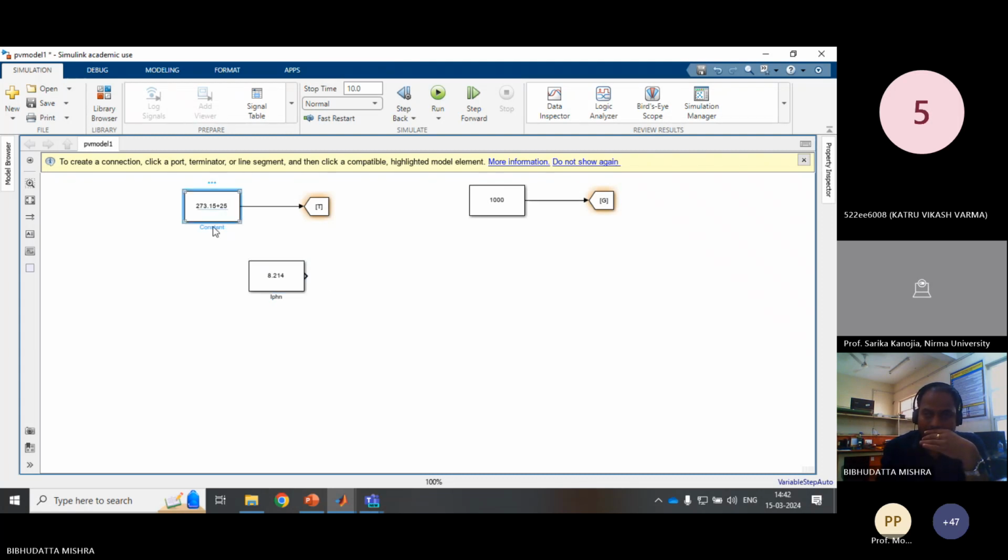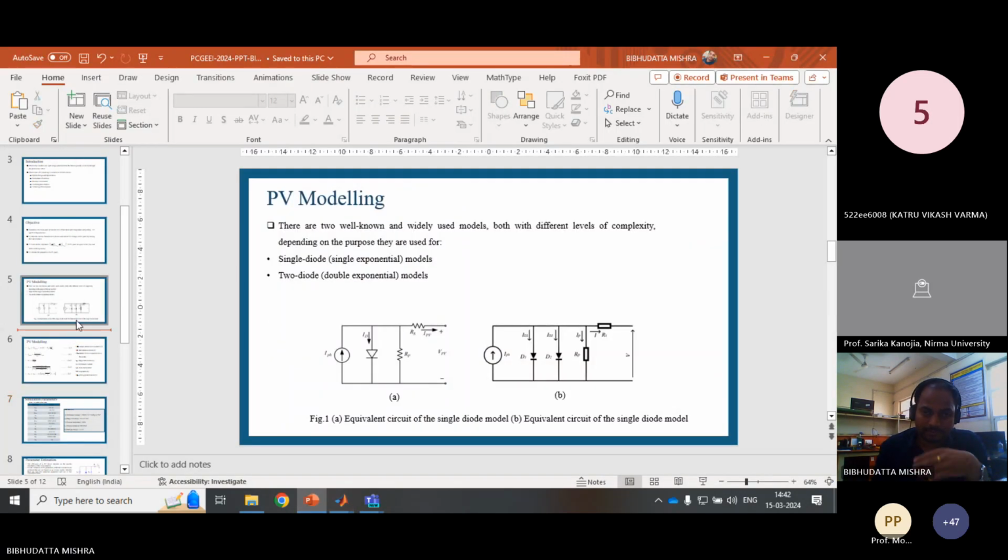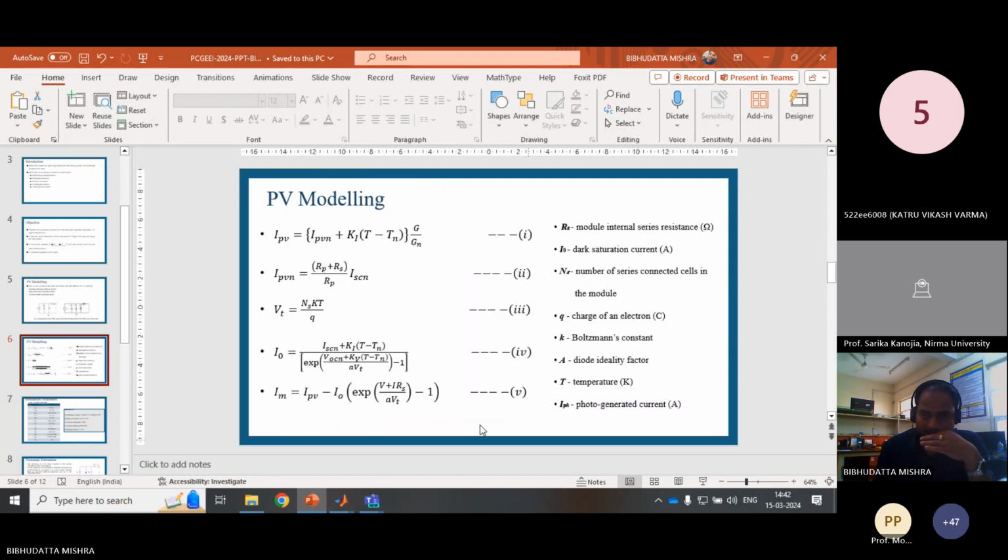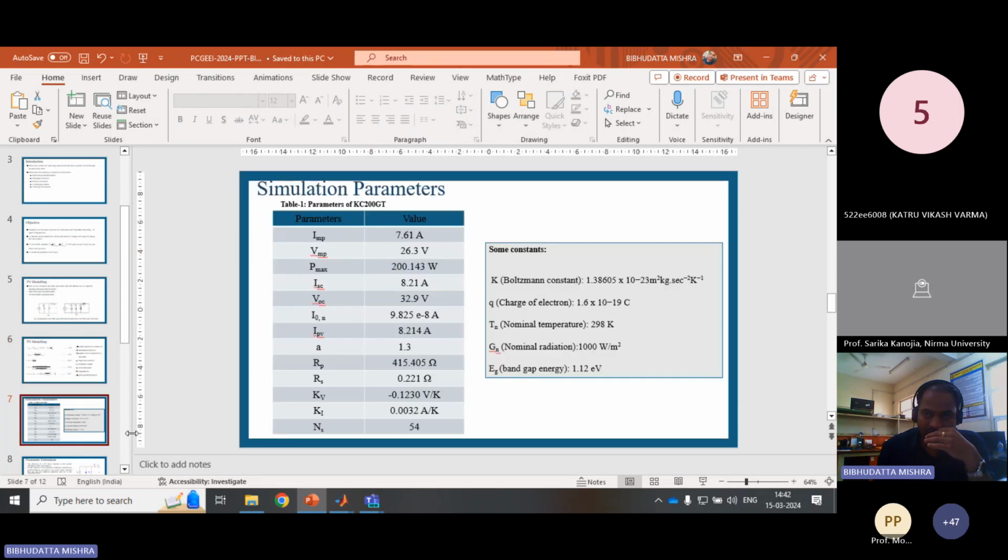Similarly, this is the temperature, and this is our irradiance. Okay, then the formula says IPHN or IPVN plus KI, and the value for KI is 0.0032.